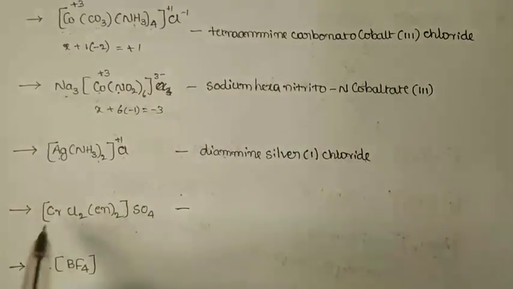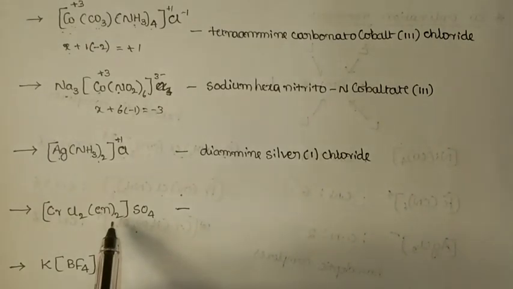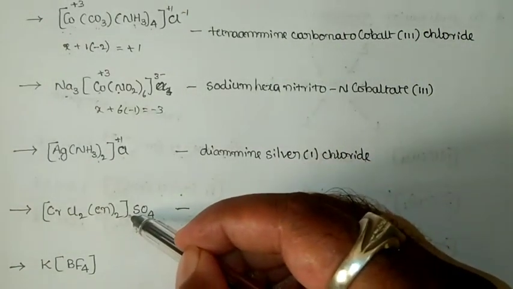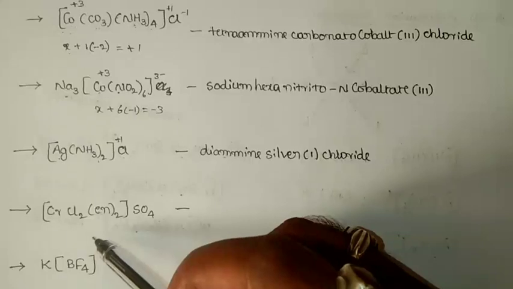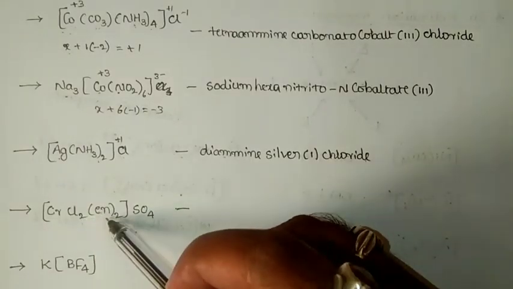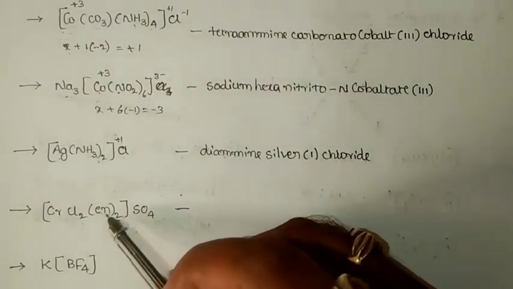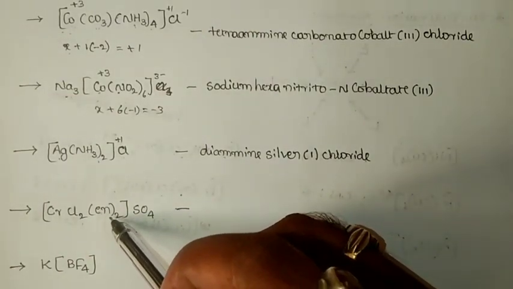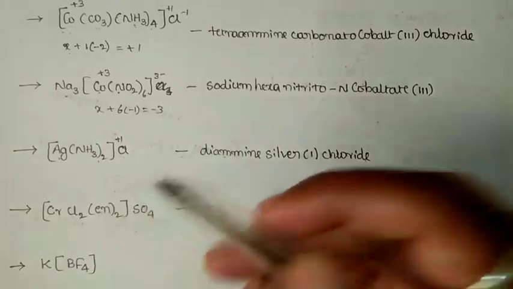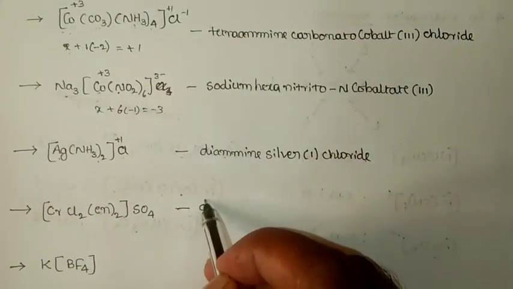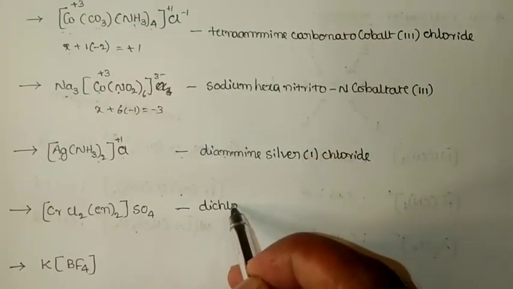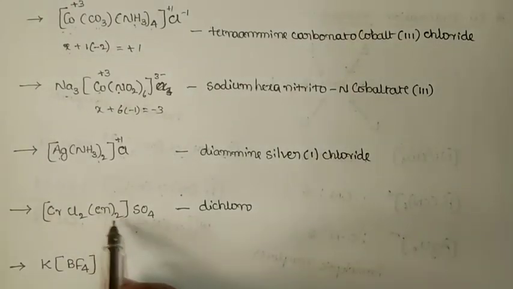And for this one, again the coordination sphere itself is present in the form of cation, and it is a heteroleptic complex consisting of 1 monodentate and 1 bidentate ligand. There are 2 chlorines and 2 ethylene diamine ligands. So it will be dichloro. Next, ethylene diamine, which is present in 2 number. It's a complex ligand.